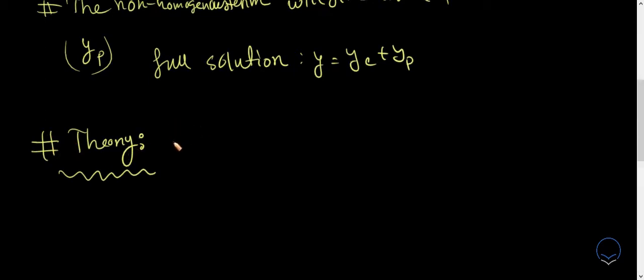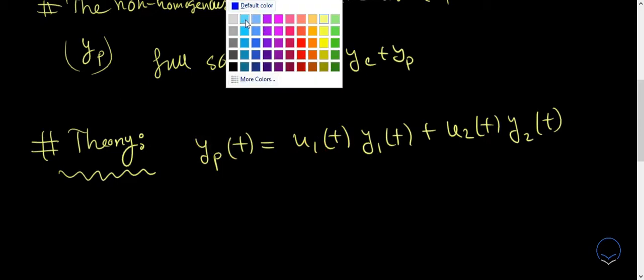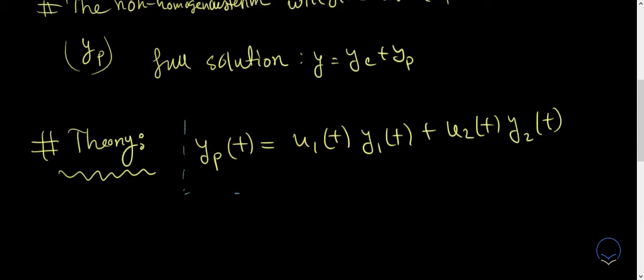Our yp of t can be written as the following: u1 of t, y1 of t, plus u2 of t, y2 of t. Why is it like this? Because if you recall from solving the first order equations, we assumed a form of particular solution that will work, and this is that form.